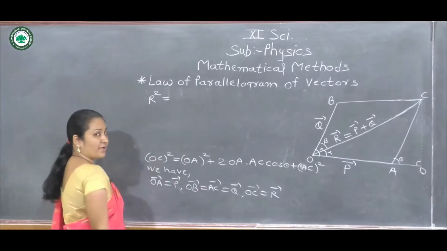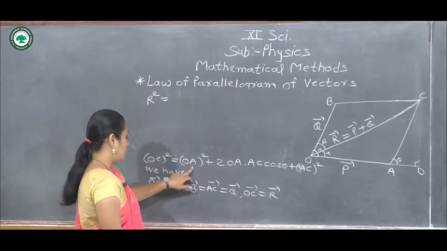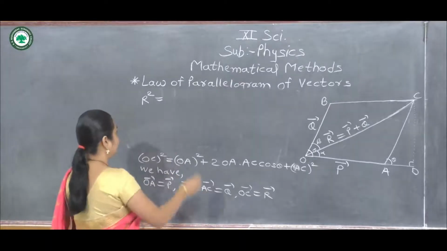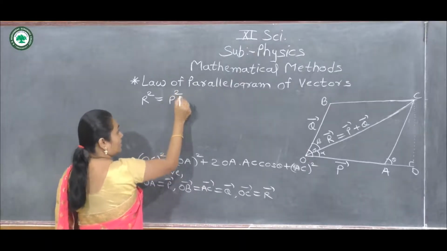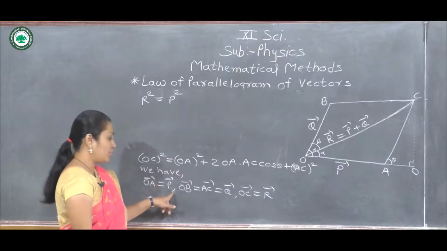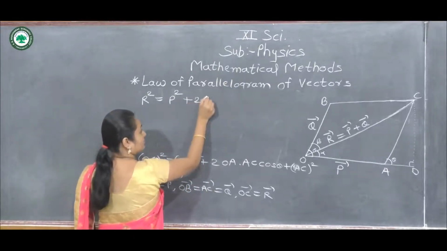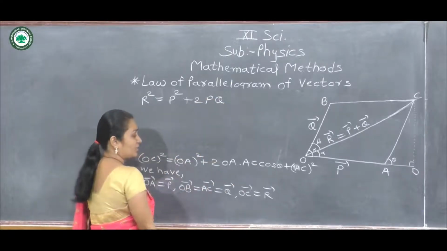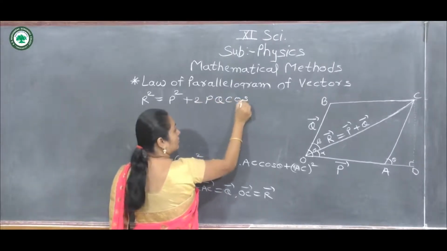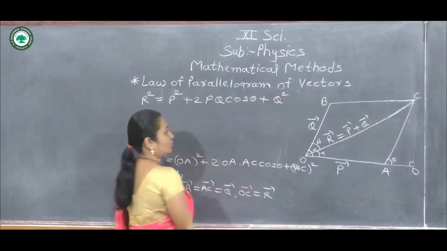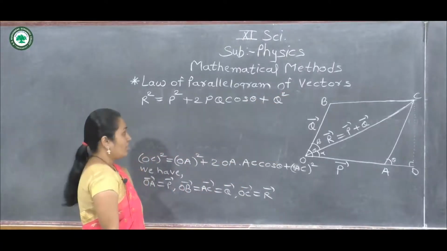So R square is equal to, instead of OA, we have P bar. So R square equal to P square plus 2PQ cos theta plus Q square.